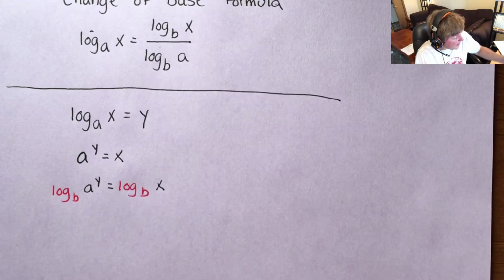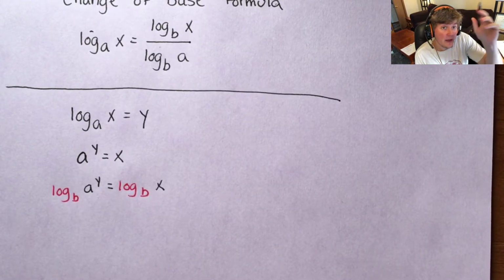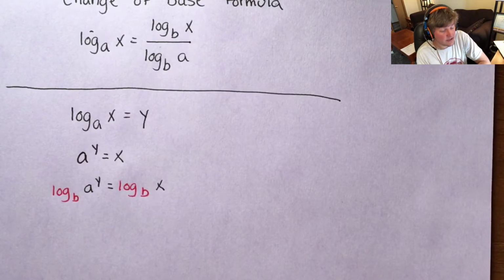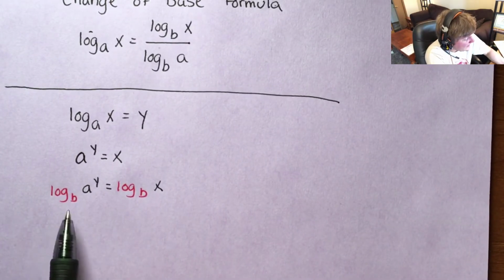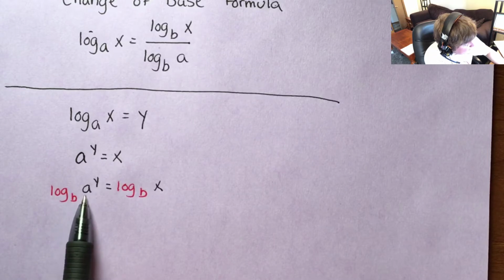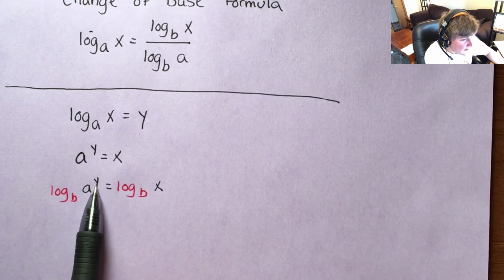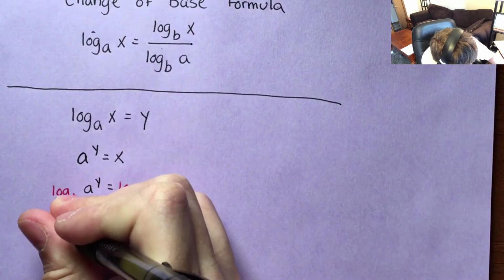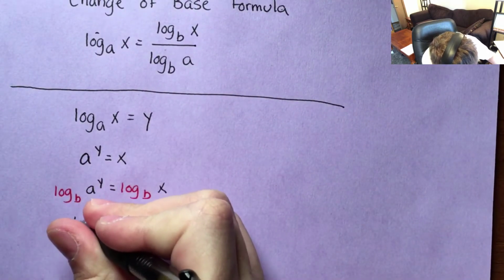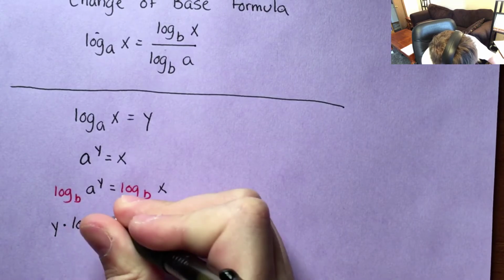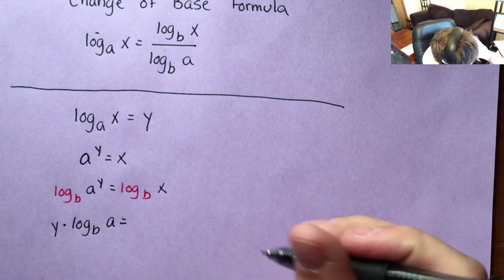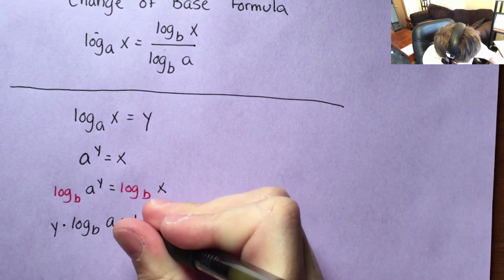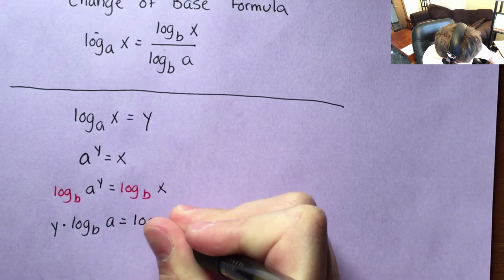Now the product property, which there's a proof of on this page right before this one, tells me that if I take logarithm base b of a to the y power, I can actually pull this y power out and multiply it in the front. So y times logarithm base b of a is equal to the logarithm base b of x.